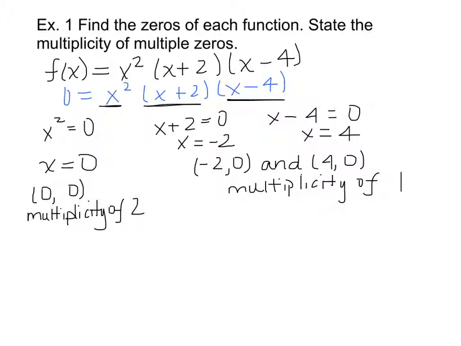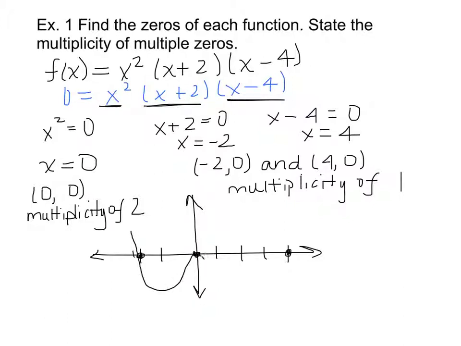So if we were to graph it, it would look something like this. So this one will cross. Let's try that again. This one would cross. This one will do a touch and turn, and this will be back up. So it looks something like that.